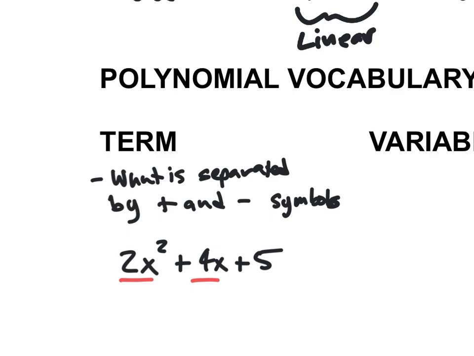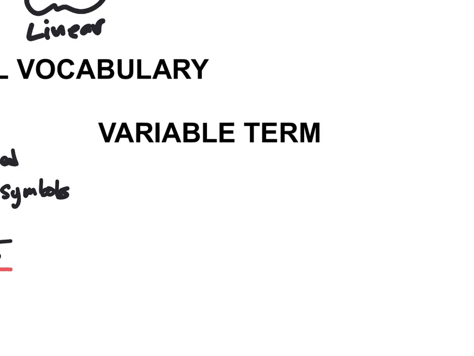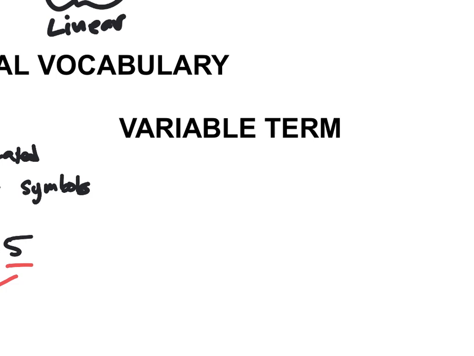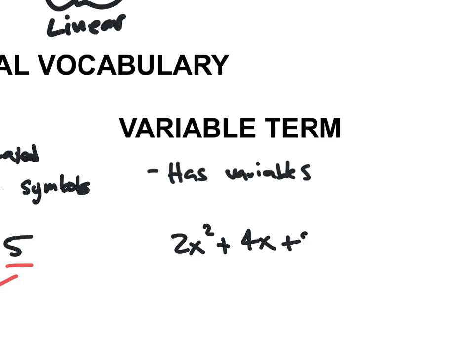Each of these things are terms, okay? Now, you have a variable term and then you have a constant term. A variable term has variables, all right? So in 2x squared plus 4x plus 5, these two are my variable terms.